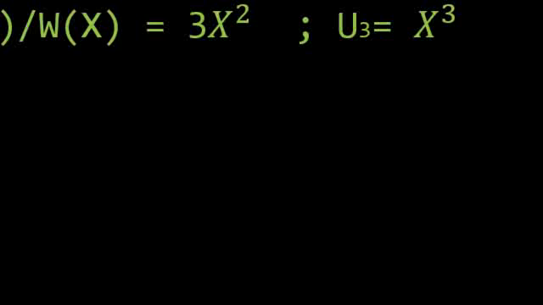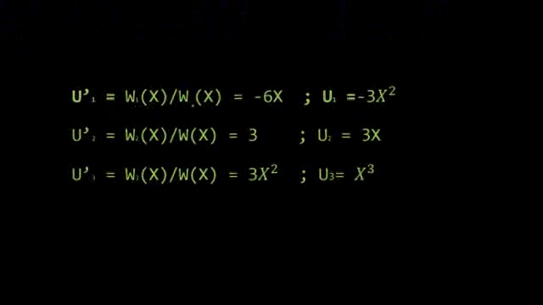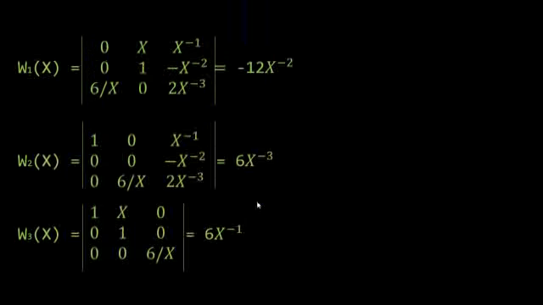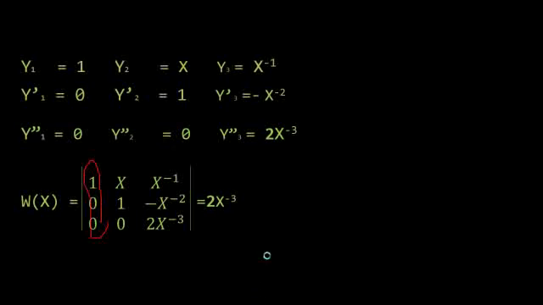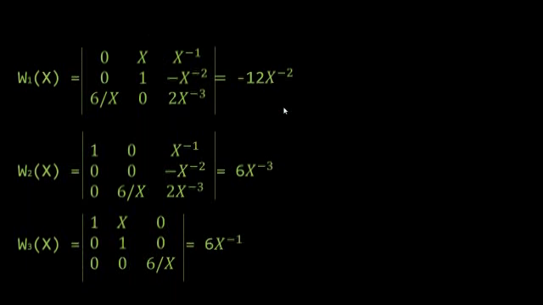We'll now find the value of u1, because we know that u1 prime is equal to Wronskian 1 over the Wronskian.